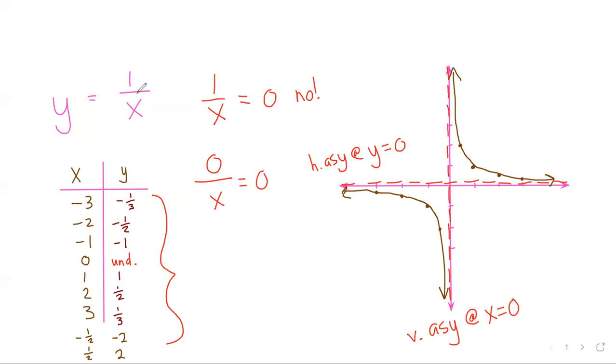If we take this definition here, y equals 1 over x, and just to change the format, we multiply both sides by x, what we'd get is xy equals 1. And this might be an easier format to see that when x gets bigger, y gets smaller, because they always have to multiply out to the same thing. And when x gets smaller, y gets bigger. So this is the parent graph.